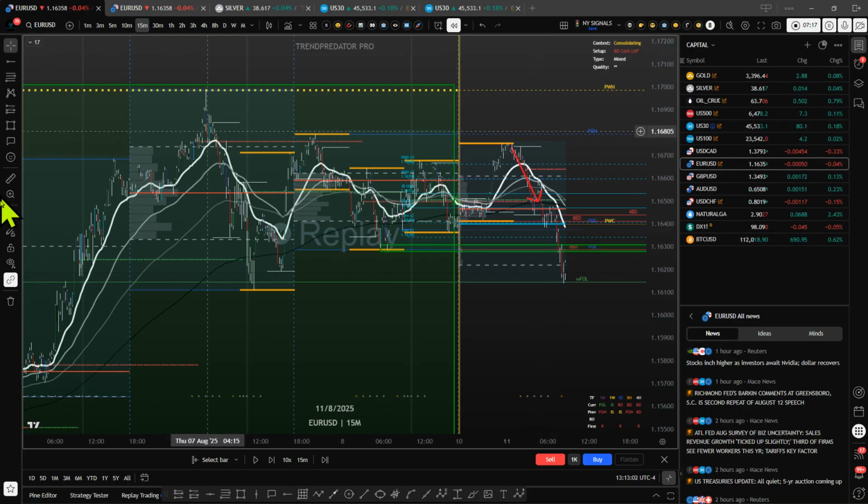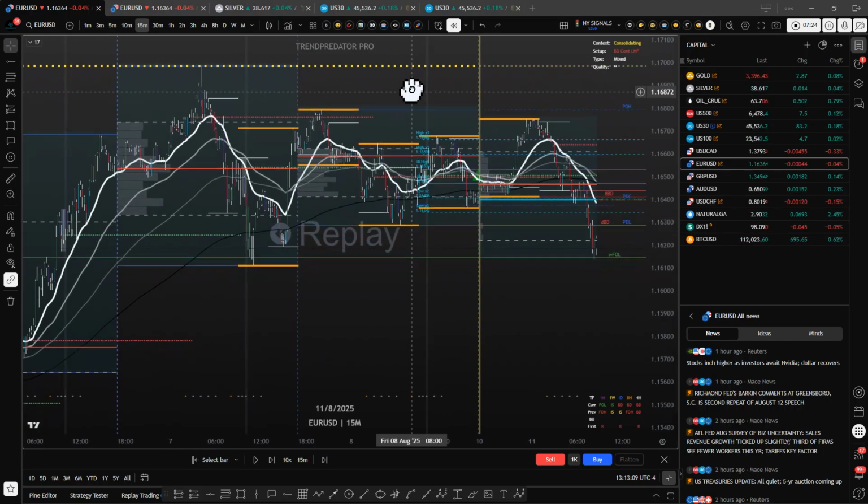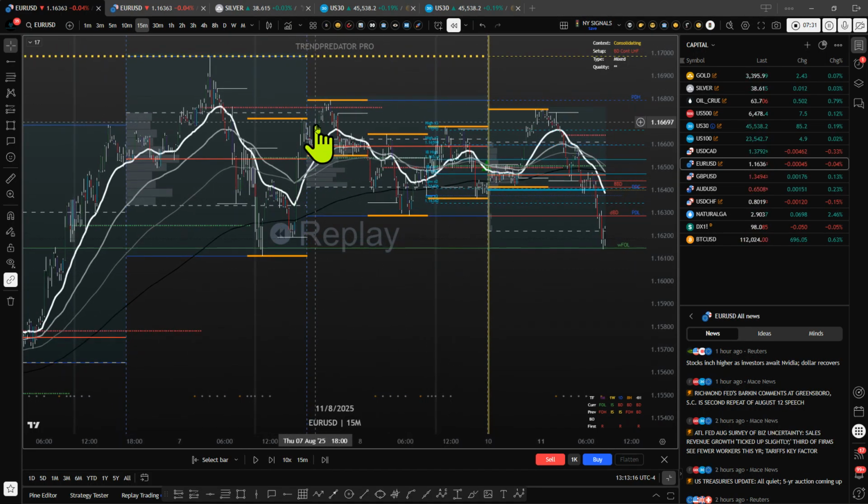Now, the theory behind inside days, here is an inside day, is that if you imagine it, it's a battle between the bulls and the bears. The price is being agreed and there's no breakout.